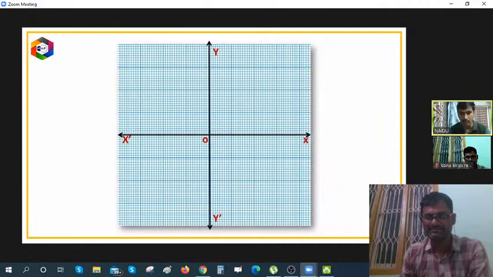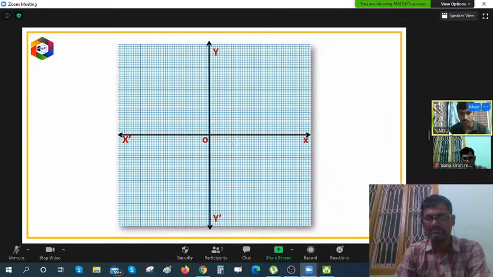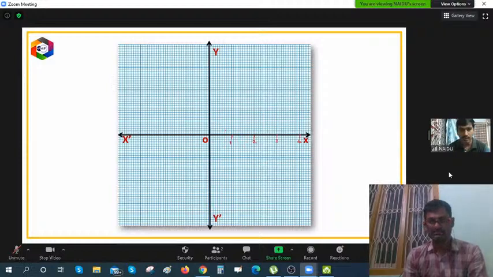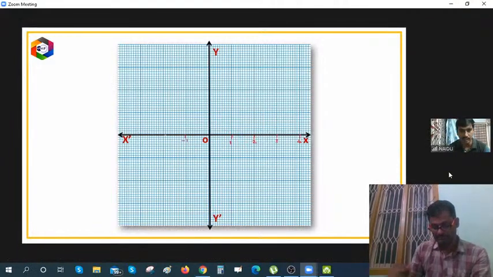Positive x-axis: 1, 2, 3, 4. Negative x-axis: -1, -2, -3. Positive y-axis: 1, 2, 3. In the same way, negative y-axis: -1, -2, -3.